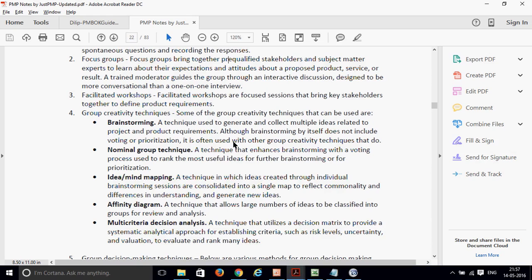Although brainstorming by itself does not include voting and prioritization, it is often used with other group creativity techniques. Brainstorming is all about collecting multiple ideas, but which idea is important and becomes part of the project scope is not decided.